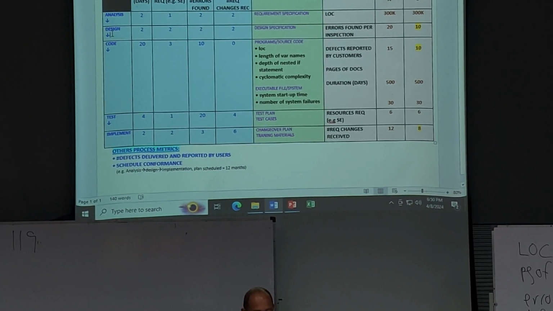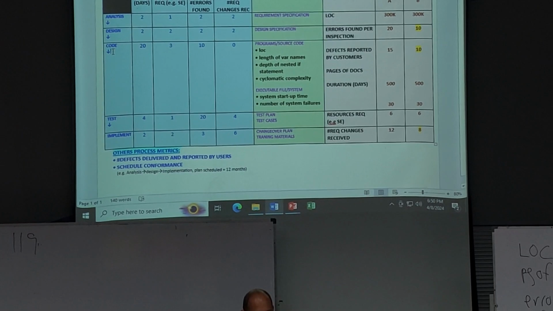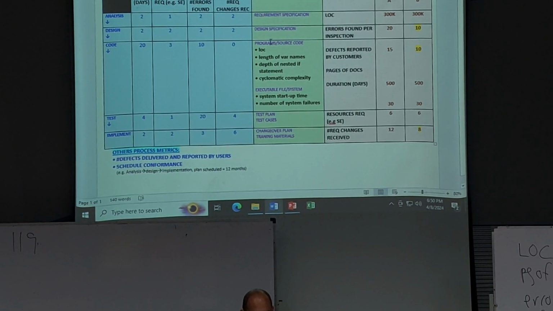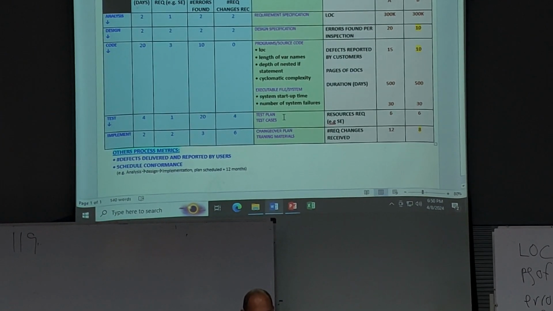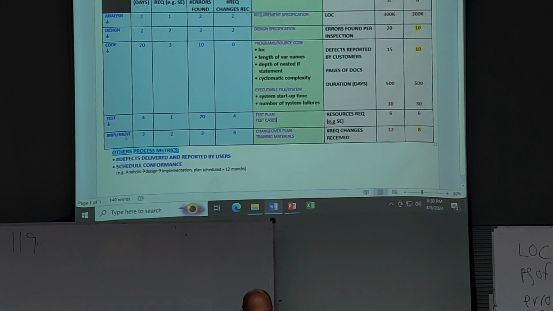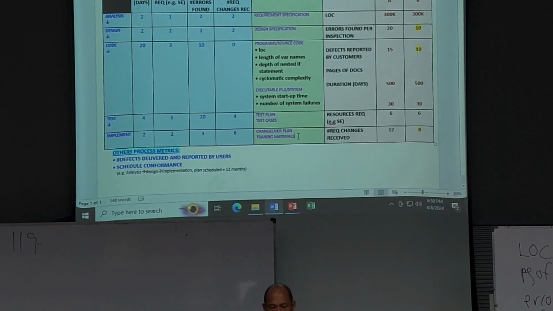When you do design, the product is the design spec. For coding, the product is programs or source code, executable file or system. When you do testing, the products are the test plan and test cases. When you implement, the products are the changeover plan and training materials.